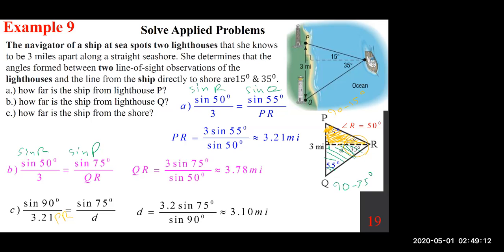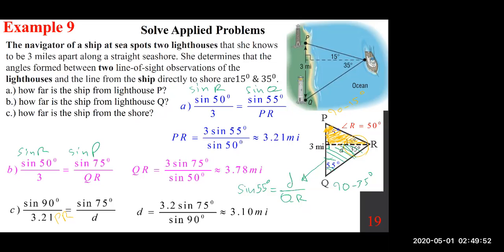Is this the only way? No. Just as an example, using the green triangle, you have so many ways to do that. You could say sine of 55 degrees is the opposite, which is the distance D, over the hypotenuse, which is the distance QR.